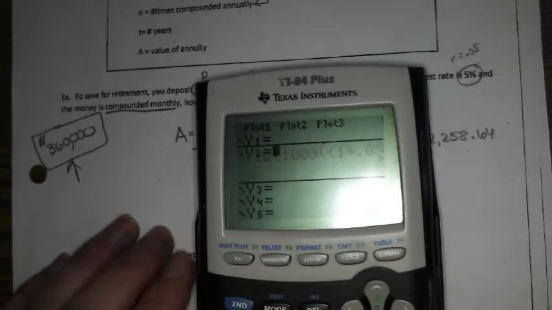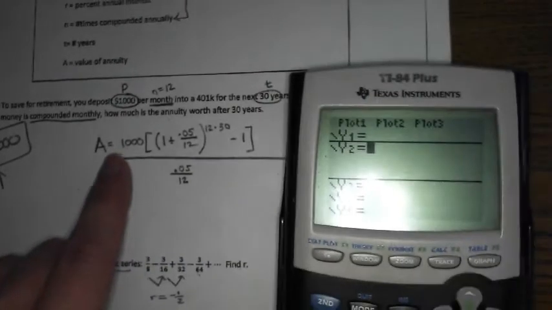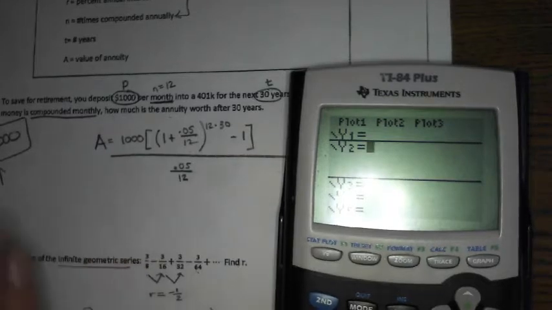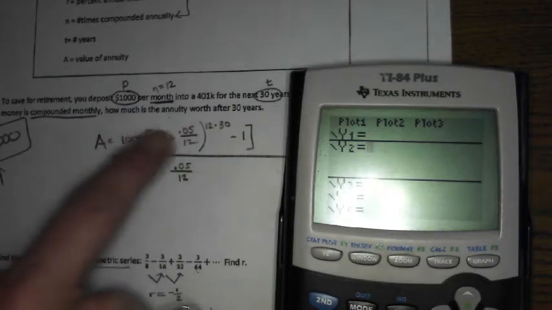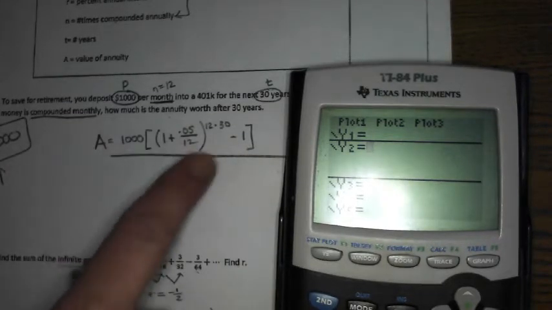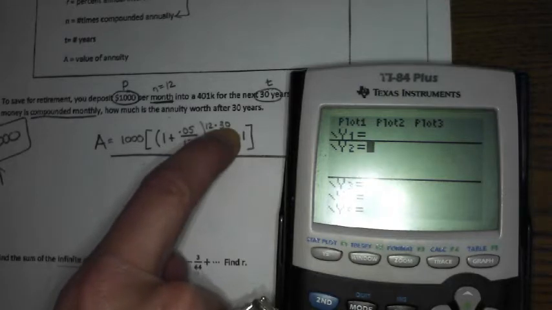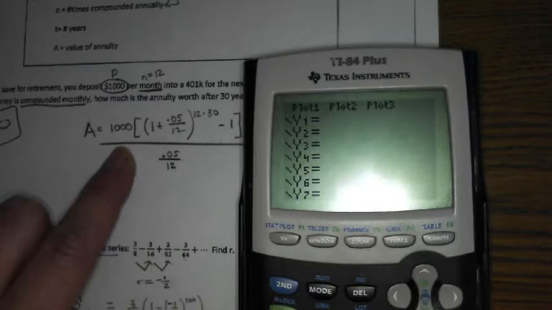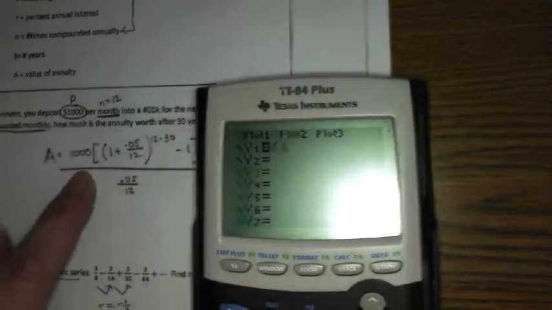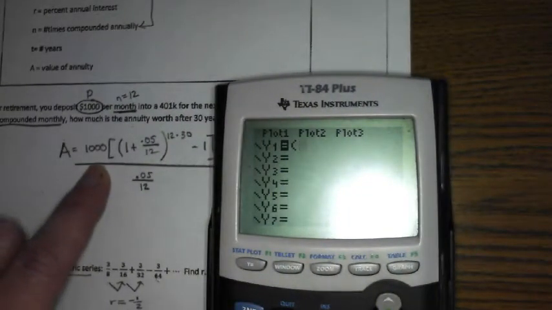I'm going to graph a function that'll show you how your annuity under these circumstances grows on a yearly basis. So I'm going to take out the 30 years and put in an X. Are you with me? I'm going to overuse parentheses because there's a lot of them. So my numerator is going to be in a big set.